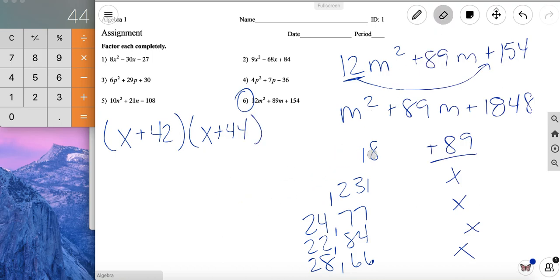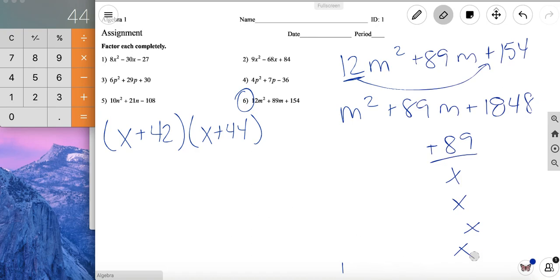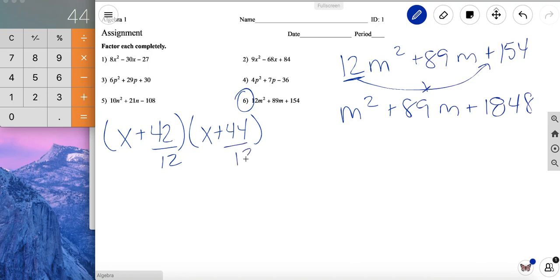Just erasing this for my space. Okay, so remember, we originally multiplied by 12, so now we need to divide by 12, okay? 42 does not evenly go into 12, so we have to try to reduce it.